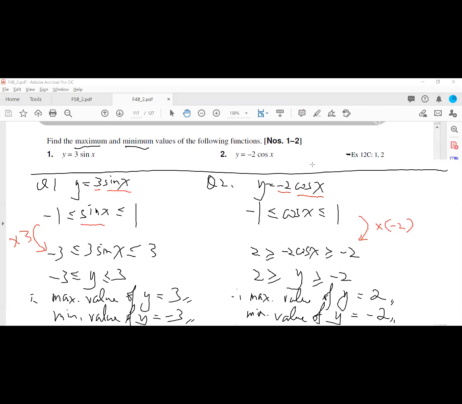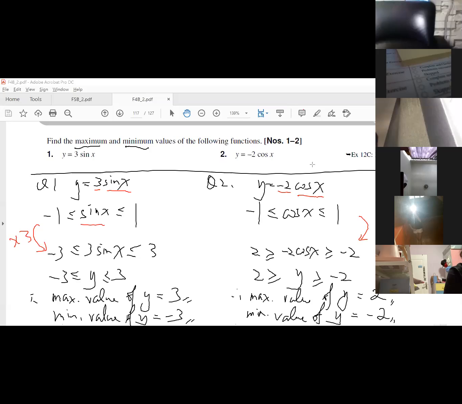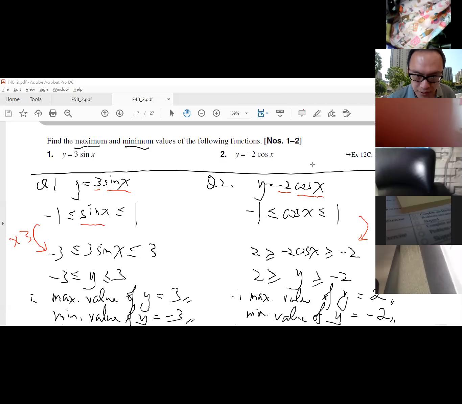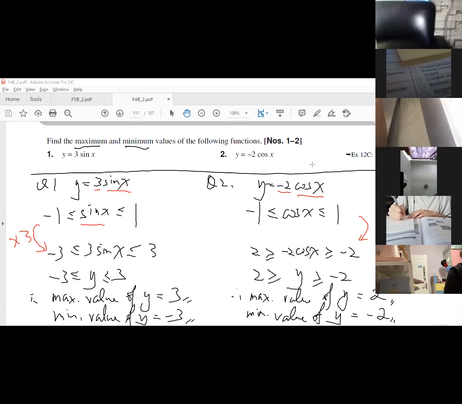It's okay? 好，呢度想你俾個反應我。If you're okay for question number 1 and number 2 and the steps, so please give me a like or a clap, please. Okay? If you understand question number 1 and number 2, please give me a like or a clap, please. 好，如果明白嘅，可唔可以俾個 like 或者俾個 clap 我？Okay, good.